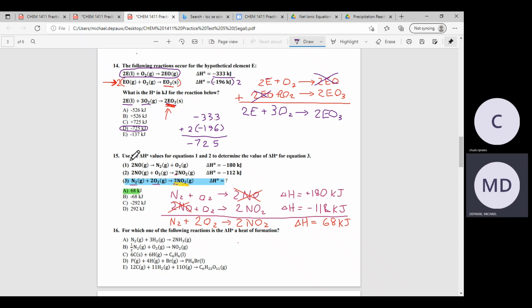Because that's really what we're trying to do, because this is what Hess's law states. And you might get a concept question like this from your professor, so it's probably good to know this. But Hess's law basically states that if a chemical reaction can be carried out in multiple steps, then the overall delta H for that process is equal to the sum of the delta H for each step in that process.